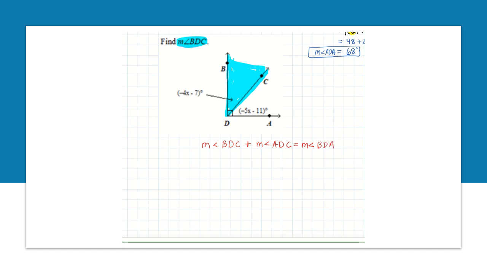Let's replace each of those angles with the given measurements. For this first angle, it measures negative 4x minus 7. And for the second angle, it measures negative 5x minus 11.